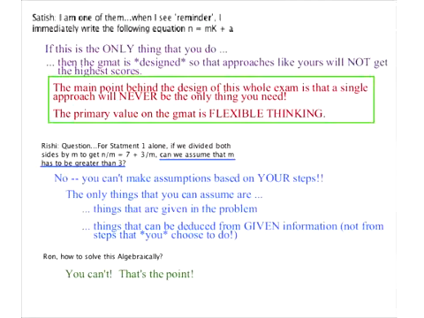Any other questions? If not, we will move on to another one, which is sort of similar and sort of not. Okay, let's do another one. Try this.